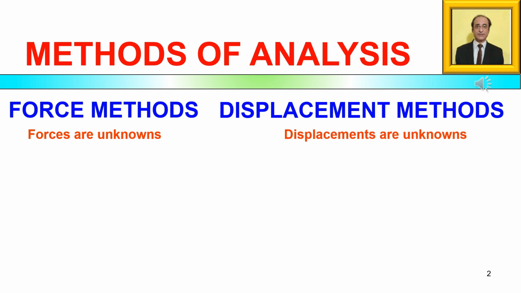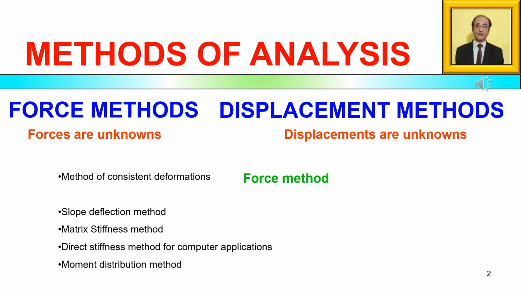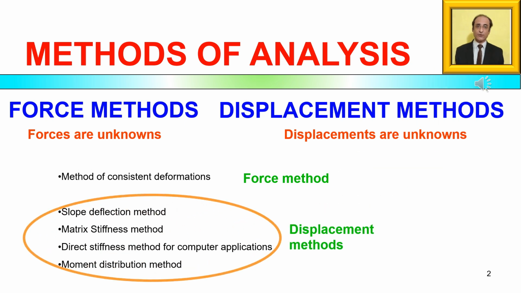If we list the analysis methods which we have studied in our undergraduate curriculum, the method of consistent deformations is a force method. Similarly, slope deflection method, matrix stiffness method, direct stiffness method for computer applications, and the moment distribution method, they are displacement methods.